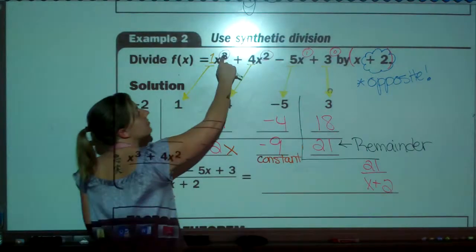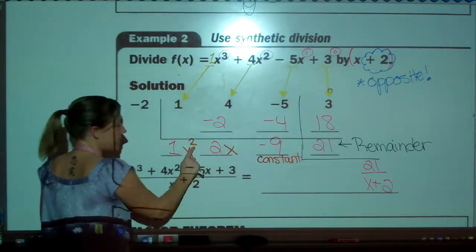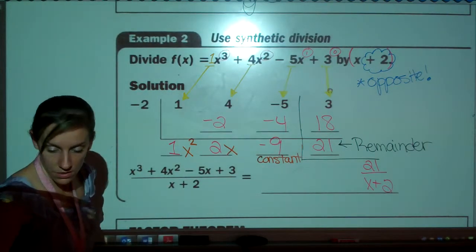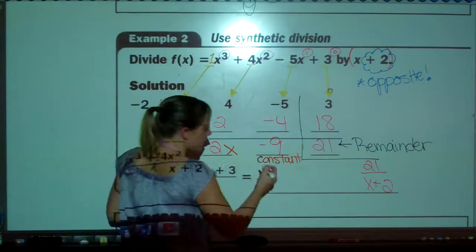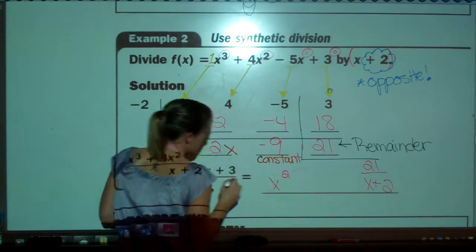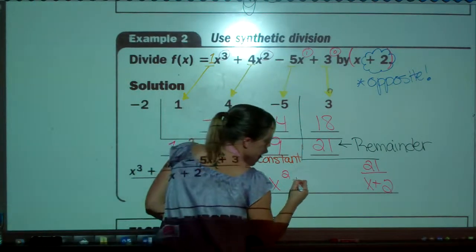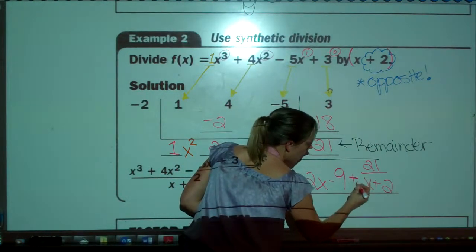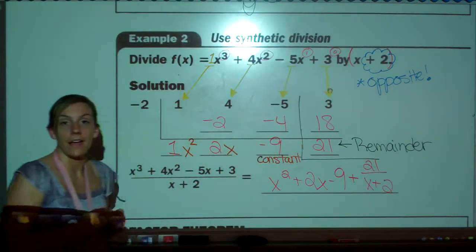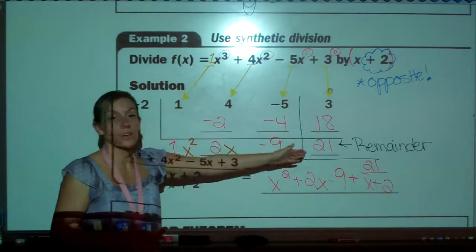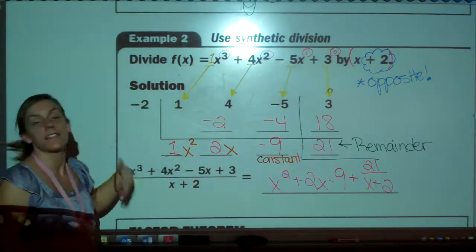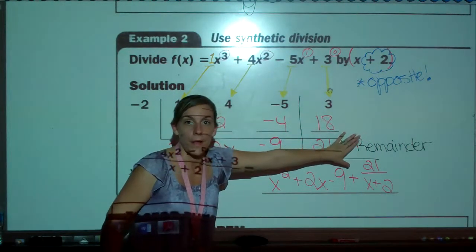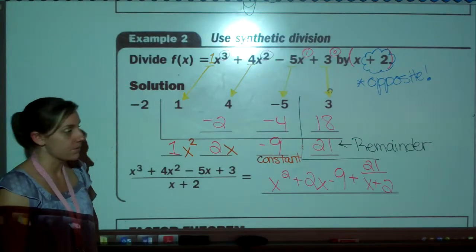Or you could say x cubed divided by that x makes that go down 1, okay? So the final answer is 1x squared, or just x squared, plus 2x minus 9 plus that remainder that we already had, okay? So once you get the numbers, you just have to put the x's and the x squareds back into the right place. And it goes from the last one to the remainder, and then it builds up from there, okay?